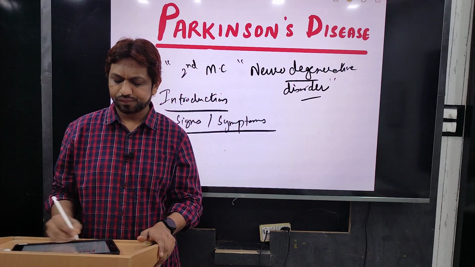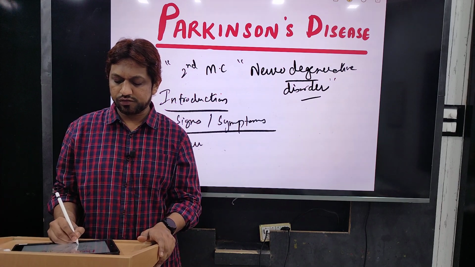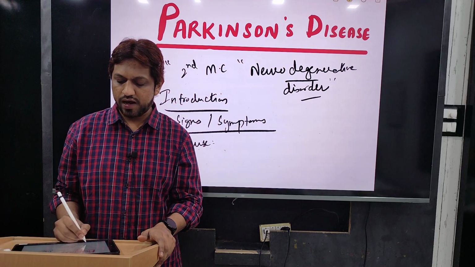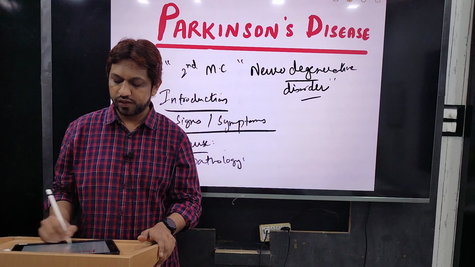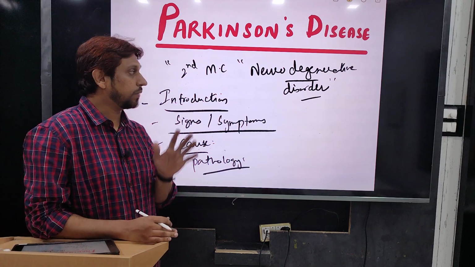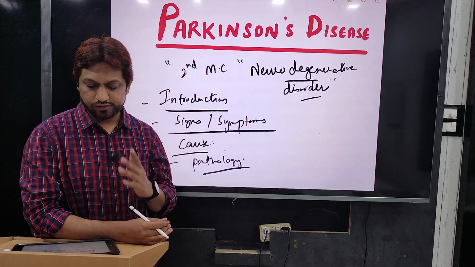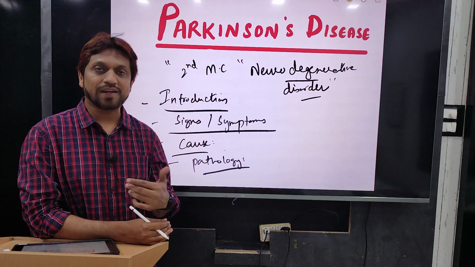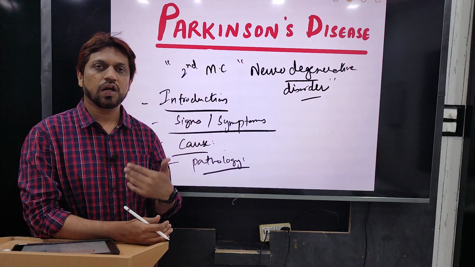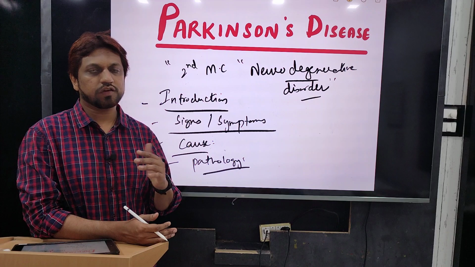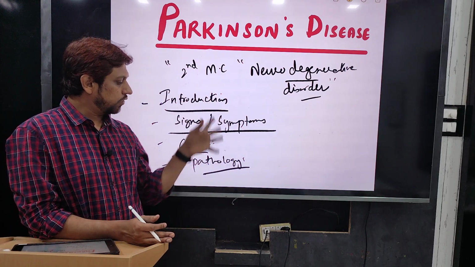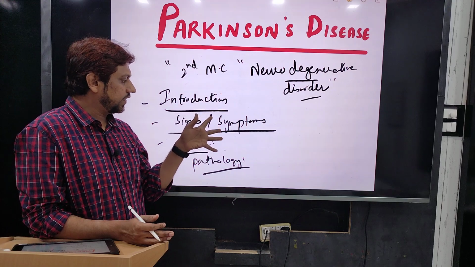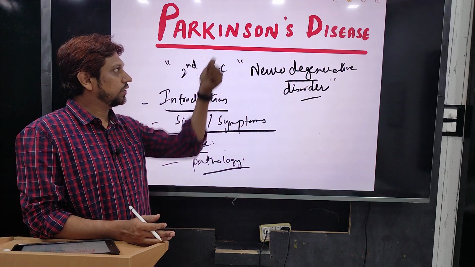Then we'll discuss the cause, and finally the pathology or pathogenesis of Parkinson's disease in this lecture. Since we need to discuss the management and the diagnosis too, we will do that in the second part. So in this part 1 video, we are going to discuss these sections related to Parkinson's disease.